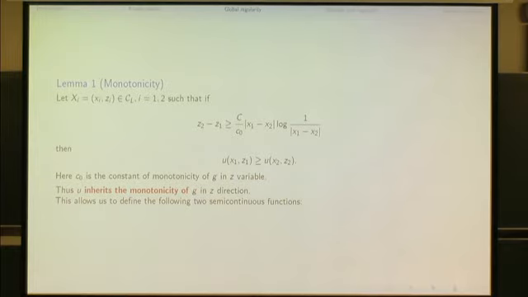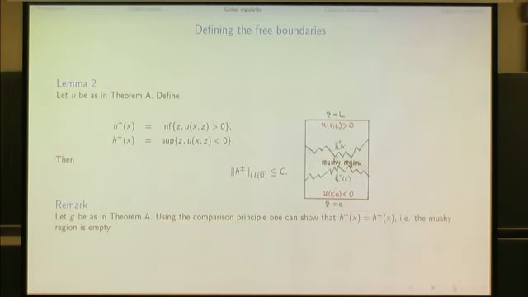And then after having this monotonicity, you can consider these two semicontinuous functions, h plus and h minus. And here I have a bit of a weird picture. In this case, you don't have a neat, clear separation of phases.